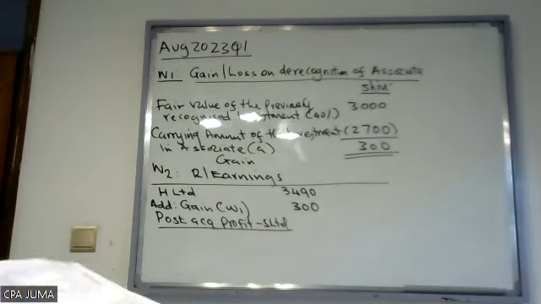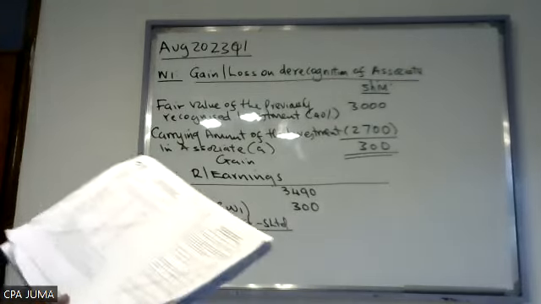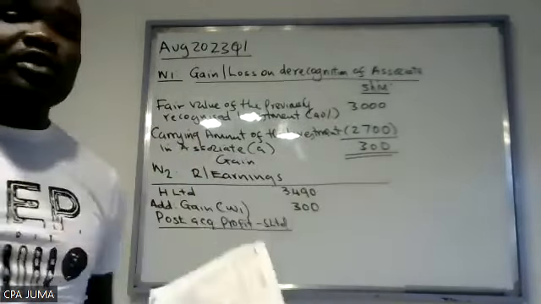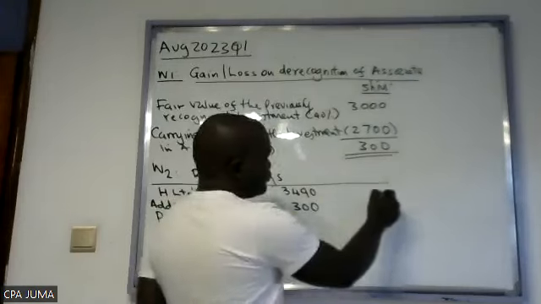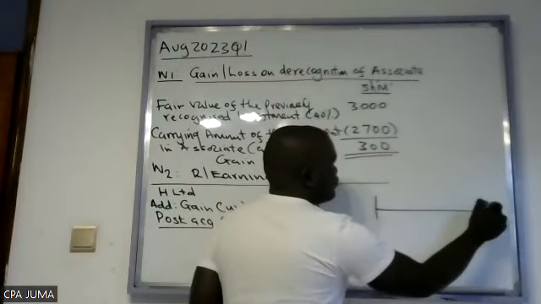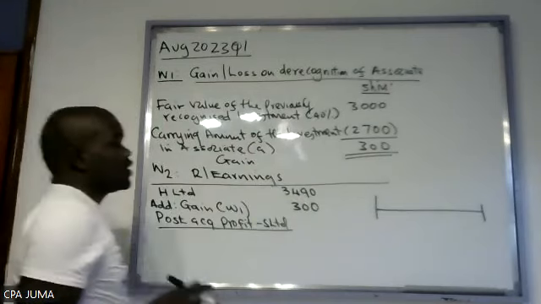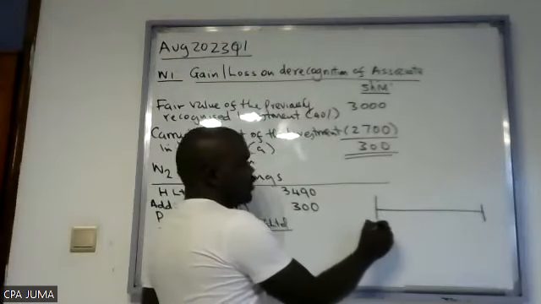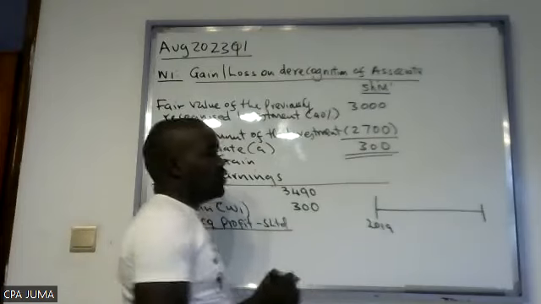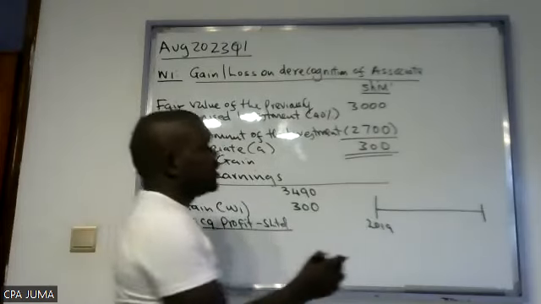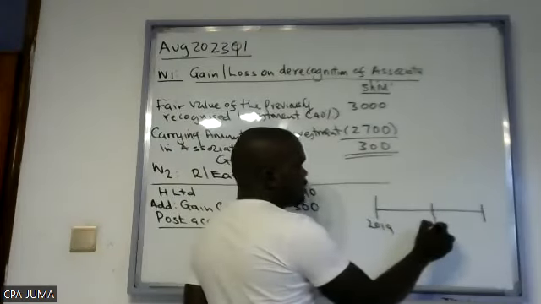So S limited, I would want us to be very keen on it here. This was 2019 when it was initially acquired. When it was an associate, then it qualified to be a subsidiary.